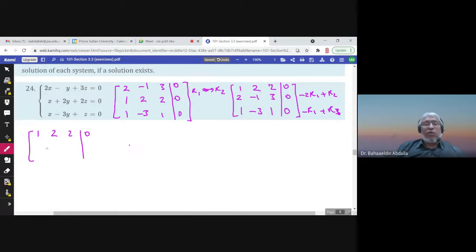So negative 2 plus 2 is 0. Negative 4 plus negative 1. Negative 4 plus 3. Here we will have always zeros because anything times 0 will be 0 plus the number, so no change.